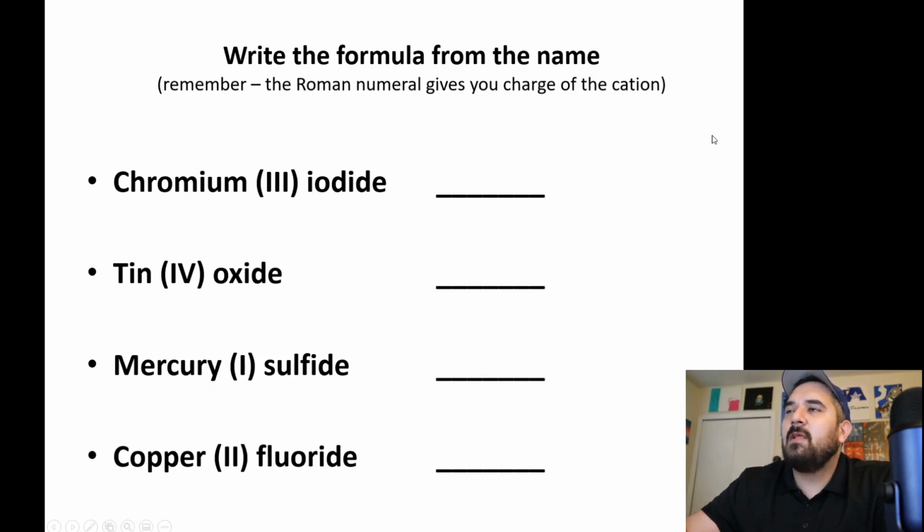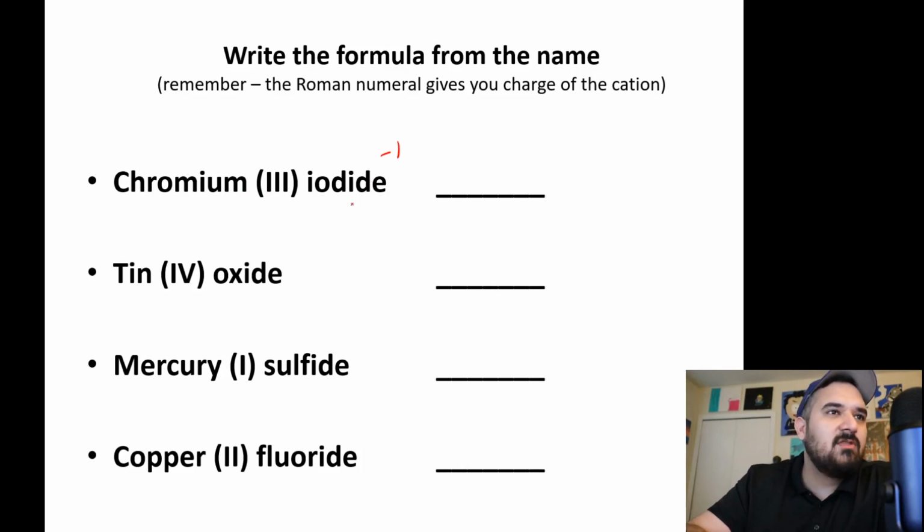All right, write the formula. All right, so let's go ahead and write some formulas. Chromium 3 iodide. So iodine has a -1 charge, and chromium, we need 3 of them to bond with this -1, which is weird. Actually, no, it's not. That just means we have 3 iodines.